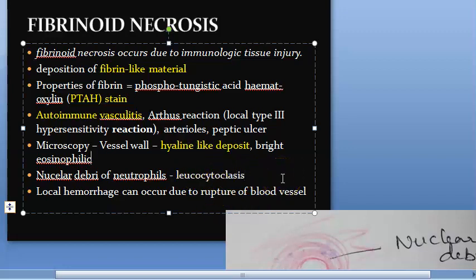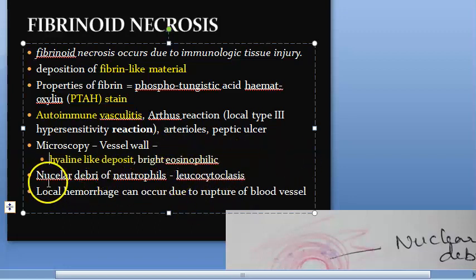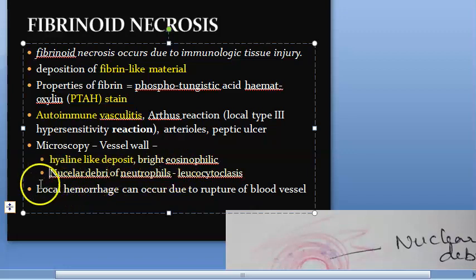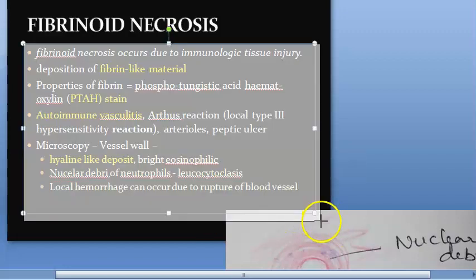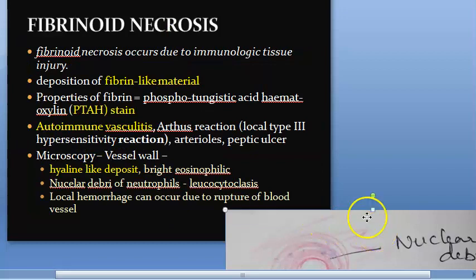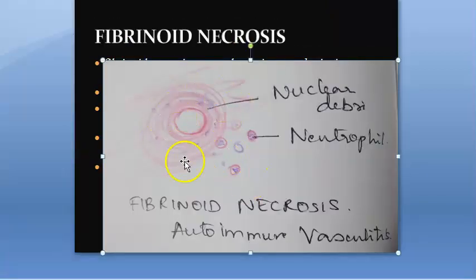Leukocytoclasis is there. Microscopy of the vessel wall: hyaline-like deposit, bright eosinophilic, nuclear debris of neutrophils, called leukocytoclasis. Local hemorrhage can occur due to rupture of blood vessel. Draw this diagram if you can.